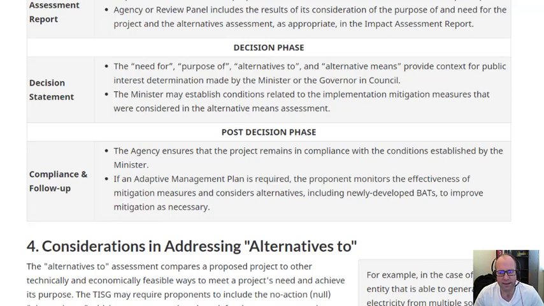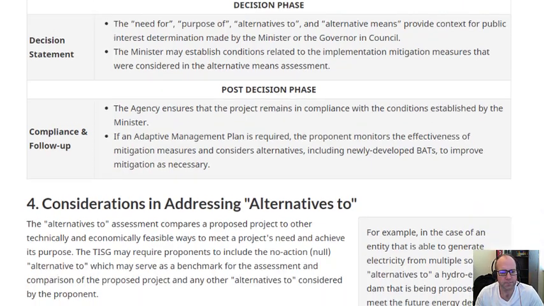That means that the minister or the governor in council will need to consider the alternatives that were put forth by the proponent and that have been through the public participation process, so that interveners and others who will help provide information for the minister to make that decision have really had the opportunity to consider alternatives to the project.